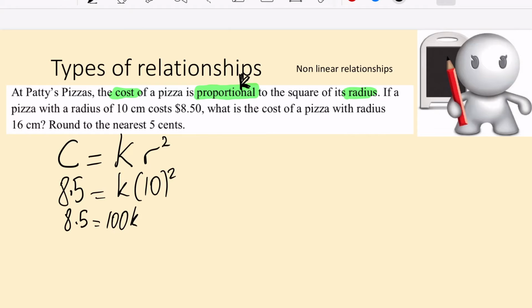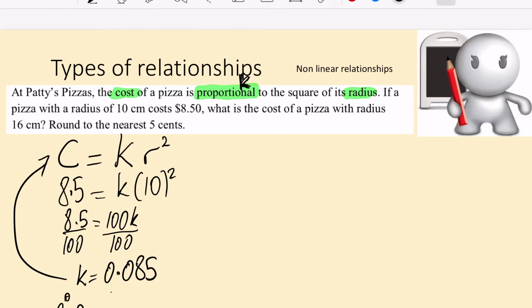So I need to solve for the value of k. Of course, I would now need to divide both sides by 100. And so what I end up with is that k is equal to 0.085. Therefore, I'm going to substitute that back into this equation, and I will end up with c is equal to 0.085 r squared. Now this constant of proportionality that links up these two variables is 0.085.